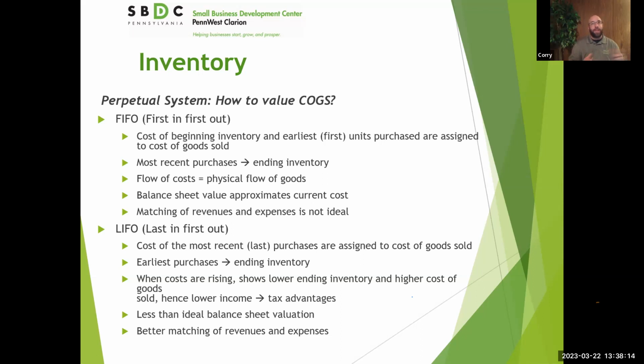Some of that inventory could be aged depending on your type of business, and if it's an aged inventory, then it is most likely at a lower cost than what you're buying inventory for today.